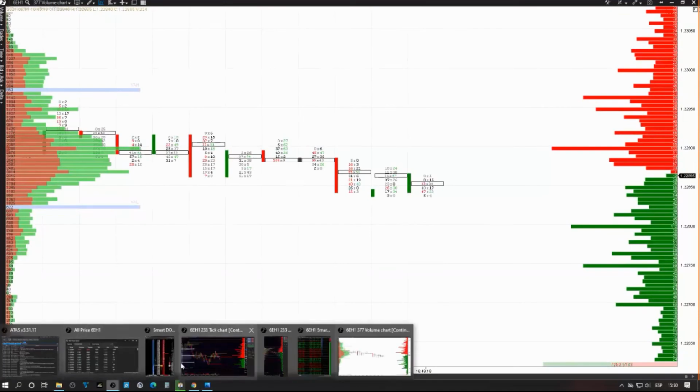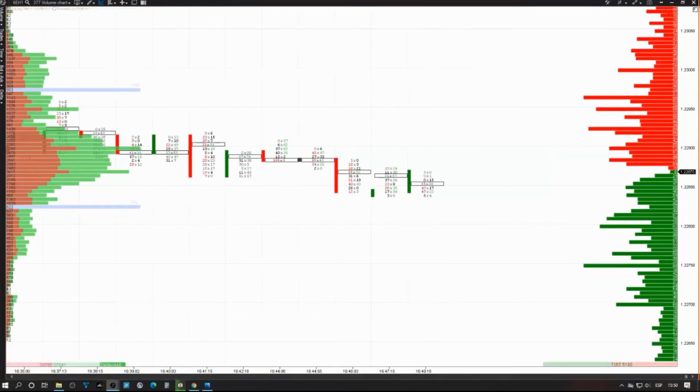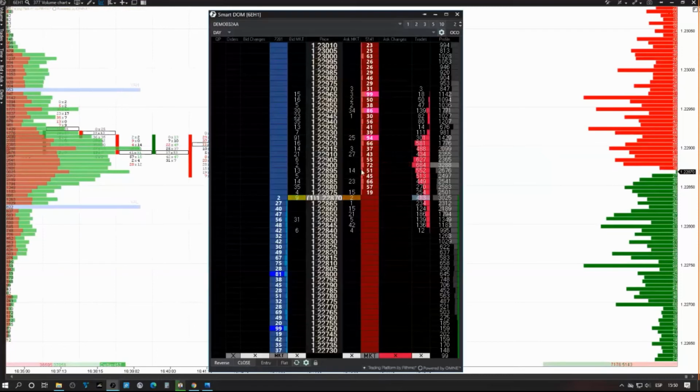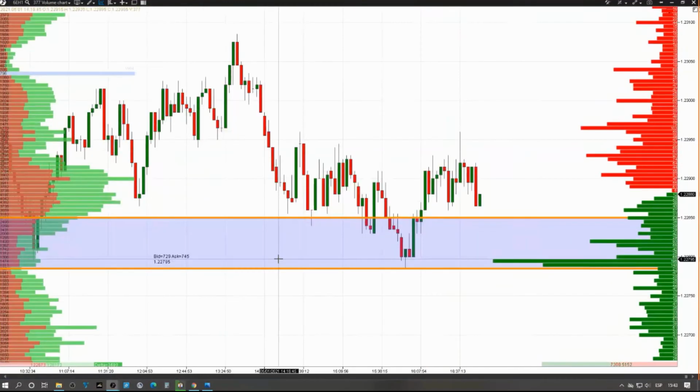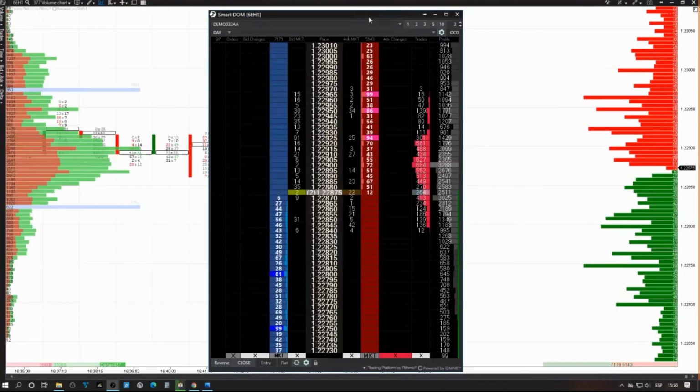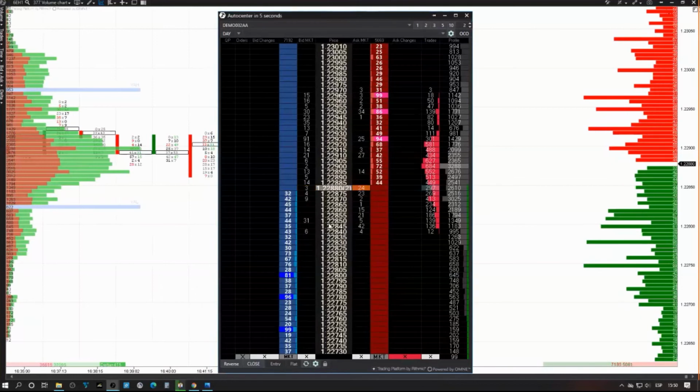Let me just show you, for example, the depth of the market. Here is the depth of the market. You can see here a lot of information. We can see exactly everything we have in the chart, but in a different form.